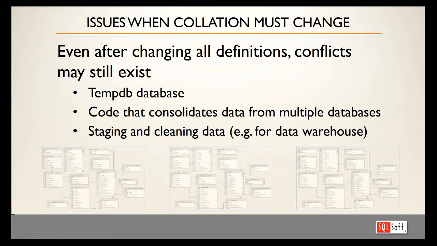Well, in our case, a report was based on a view, and that view did a join between two different tables. What we suspect was going on was that SQL Server was using the tempDB database behind the scenes.